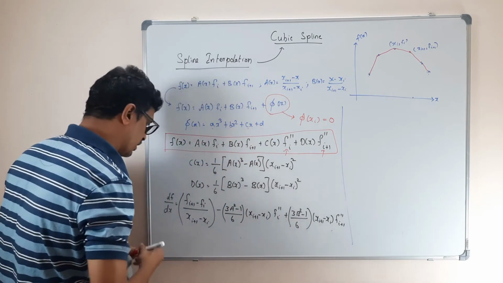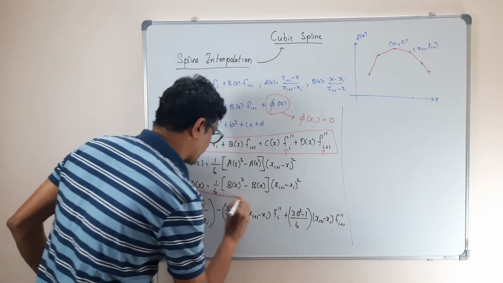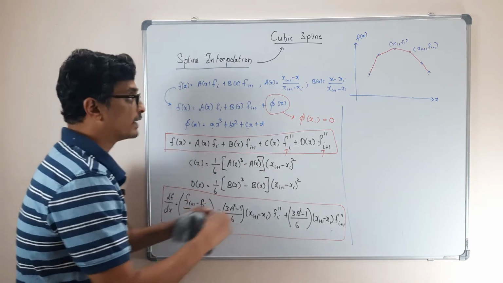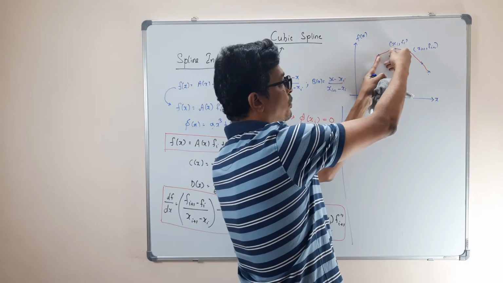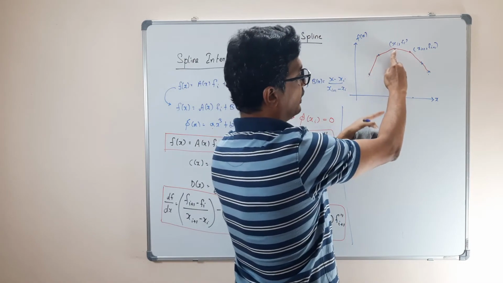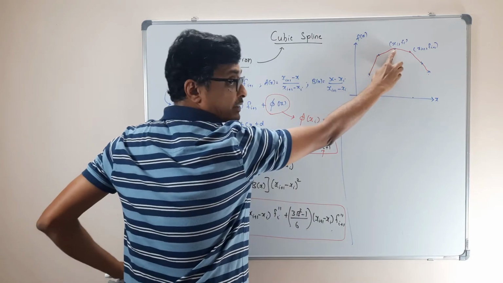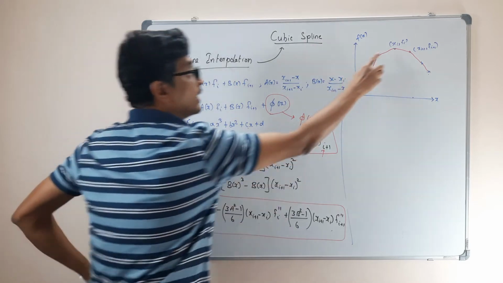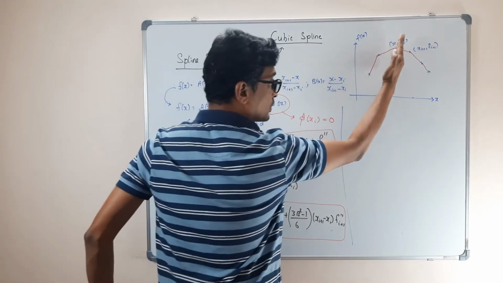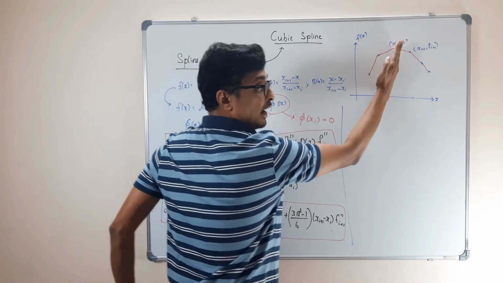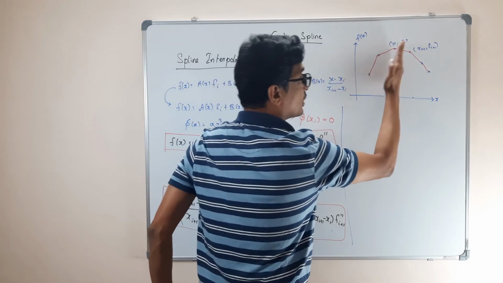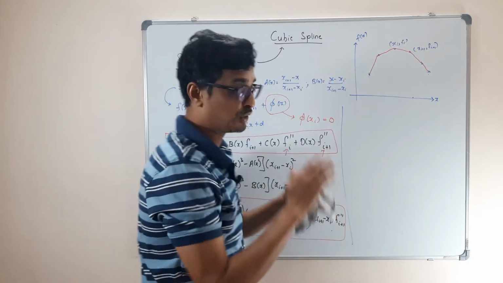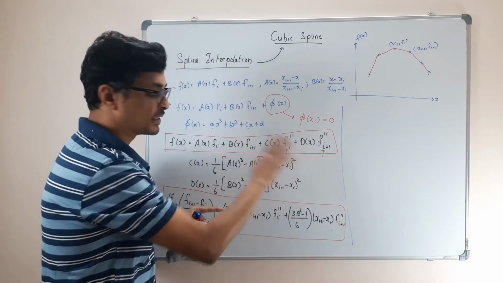We find out the second derivative such that this df by dx, the slope we calculate from this point to this point at some xi, can be calculated at xi using xi minus 1 and xi, or otherwise xi and xi plus 1. The derivative at xi, whether you calculate it from the earlier point or the point ahead, should match. That's how it tells us what curvature I have to give. So that gives you an idea about what the second derivative should be.